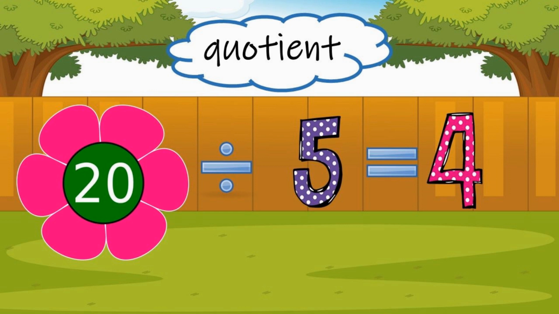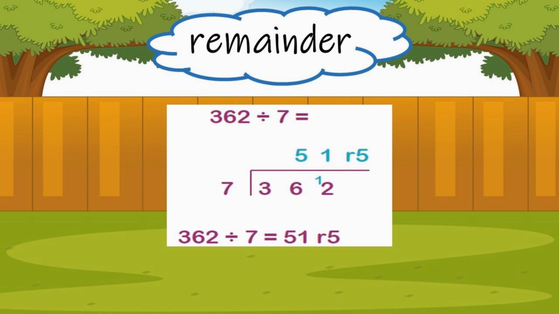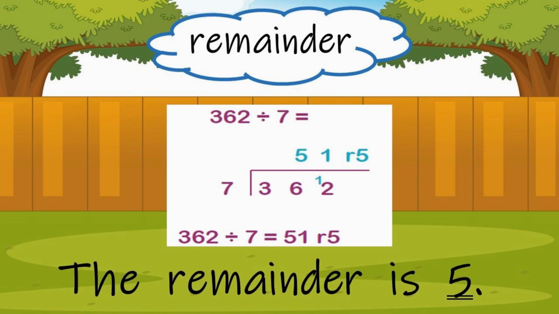For example, 20 divided by 5 is 4. The quotient is 4. A remainder is what's left over in a division problem. Like this example. Our remainder is 5.